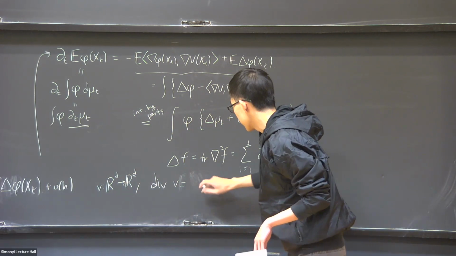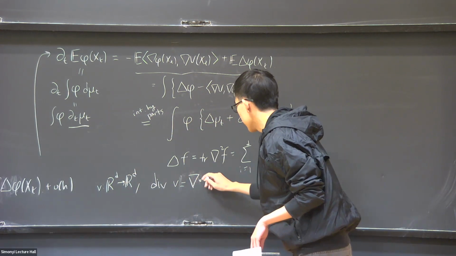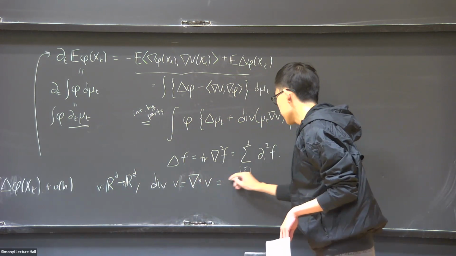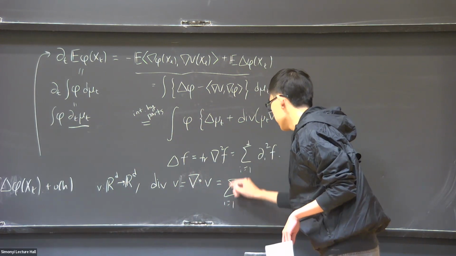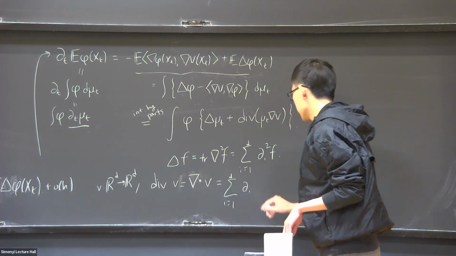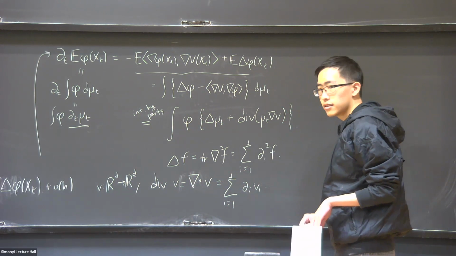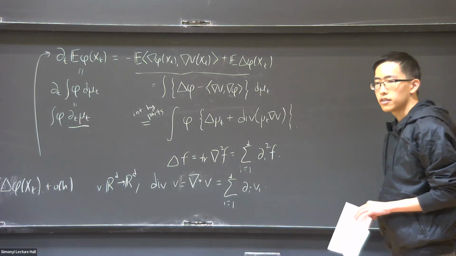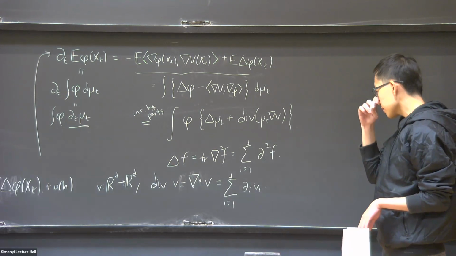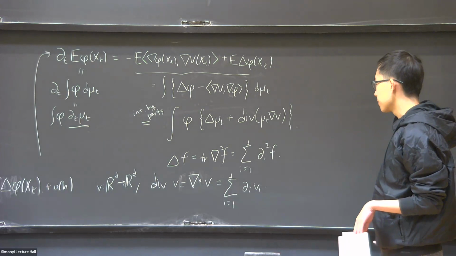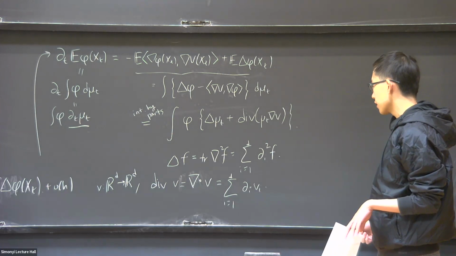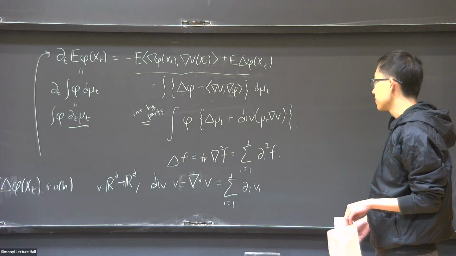You can also write it as the dot product of the gradient operator with V. And this is going to be the sum over all the directions of the derivative in the ith direction of the ith component of the vector field. It's a scalar.